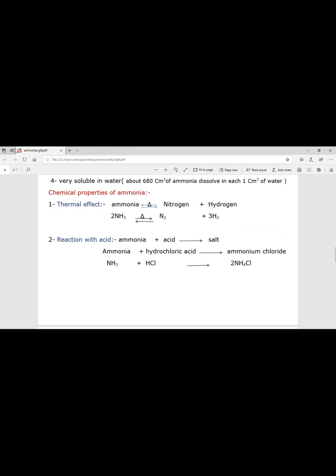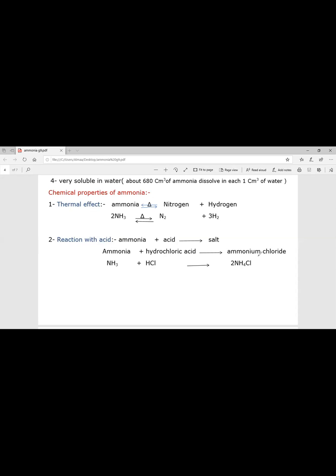Reaction with acid. Ammonia when reacting with acid produces salt. The example here: ammonia reacting with hydrochloric acid produces ammonium chloride.